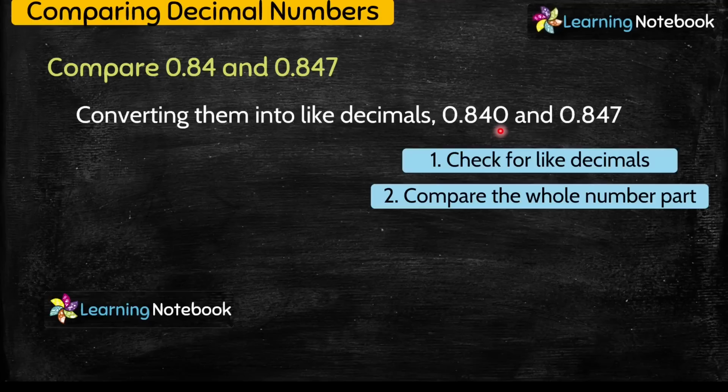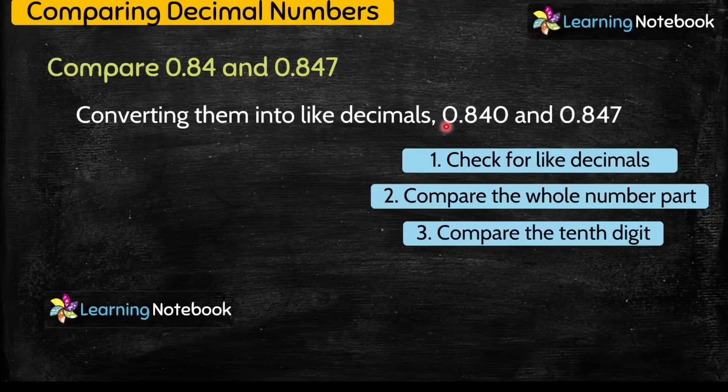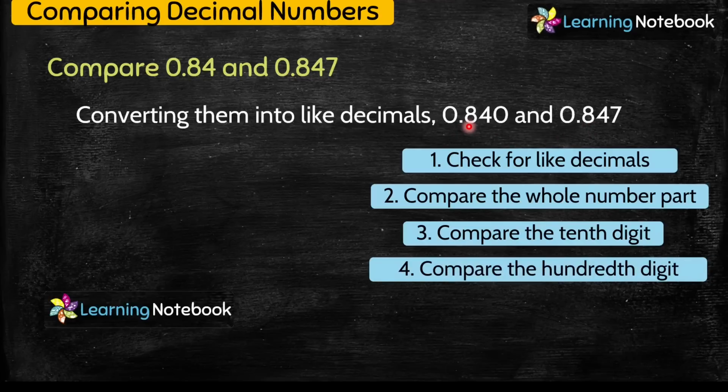In step 2, let's compare their whole number part. But both the decimal numbers have 0 in the whole number part. So now let's move to step number 3. We have to compare their 10th digit. Again, 10th digit of both the decimal numbers are same. In the fourth step, let's compare their 100th digit.